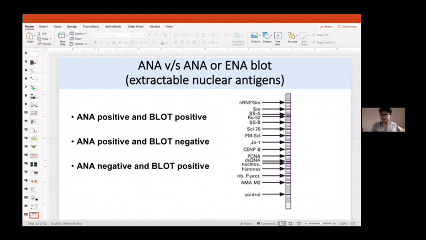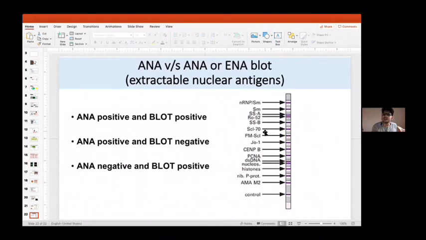And the last scenario, which is even irritating for us, is that ANA is negative but blot is positive. The first thing I will do, I will ask whether my lab was standard or not. Do they really know how to do ANA or not. Okay. So first I will ask for the technical part. And if that is also not an answer, sometimes it happens, specifically for antigens called SSA and SSB, that on immunofluorescence they might not be as concentrated as they are in blot.